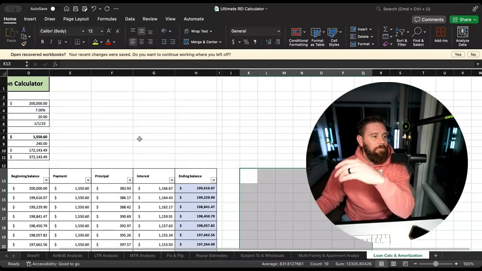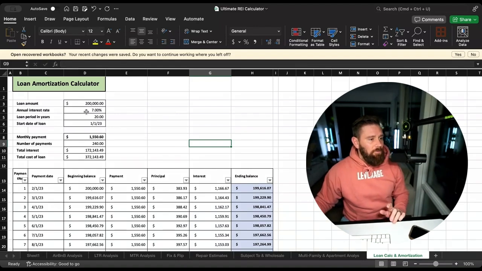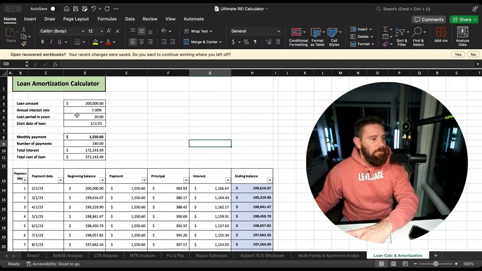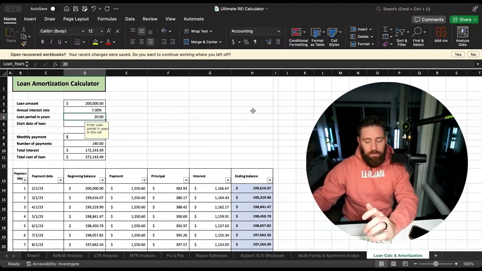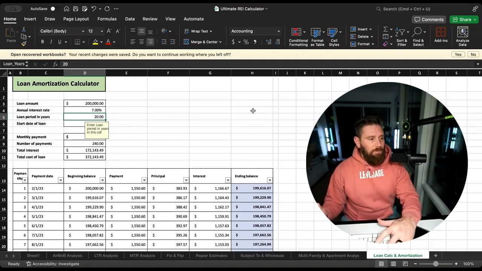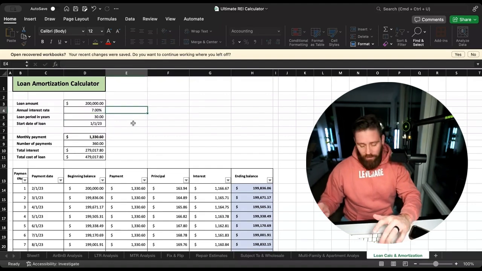All right, so I'll come back. So 200,000, interest rate 7%, loan period. This is years. So usually for a single family house, the average is 30 years. So we'll say 30 years. Start date of the loan. Obviously, I've had this calculator for a while.